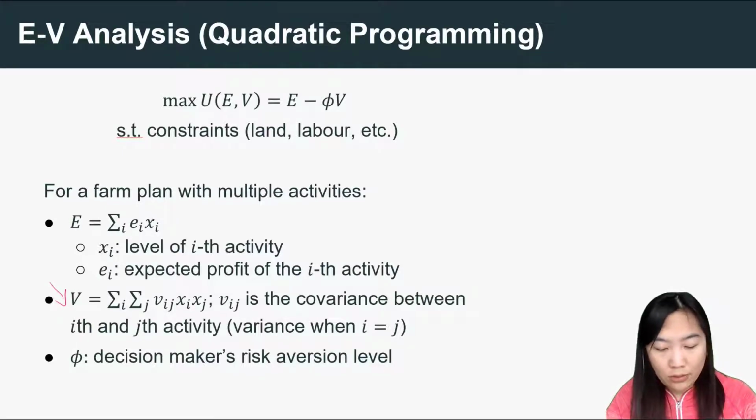But don't worry about it. I'm not asking you to calculate that in this course. So it's the covariance between the ICE and the JCE activity. And when I and J are the same, then that becomes the variance that I have introduced in the last lecture. And the phi here is the decision maker's risk aversion level.